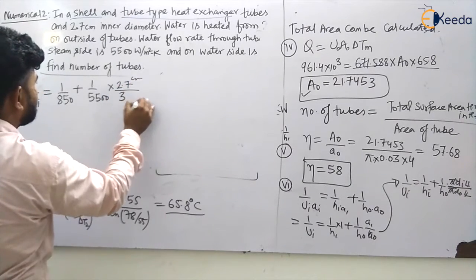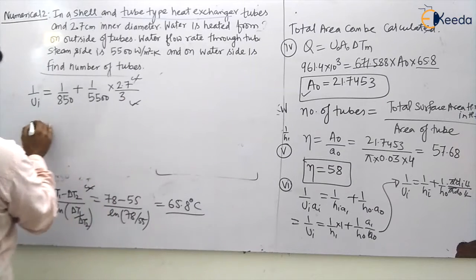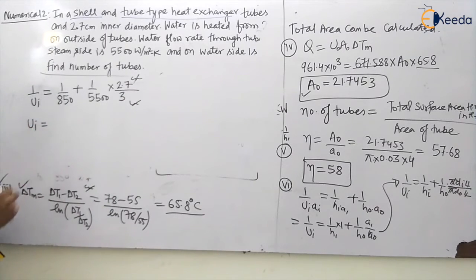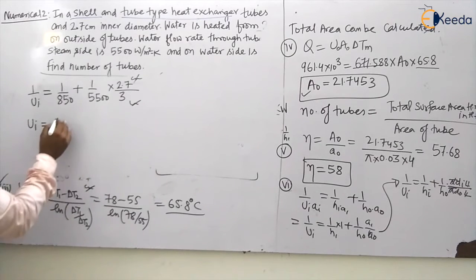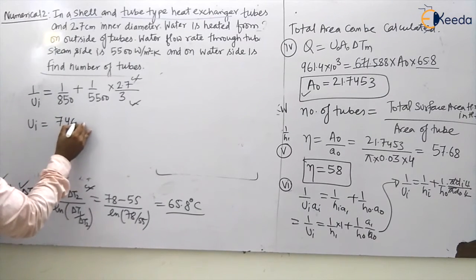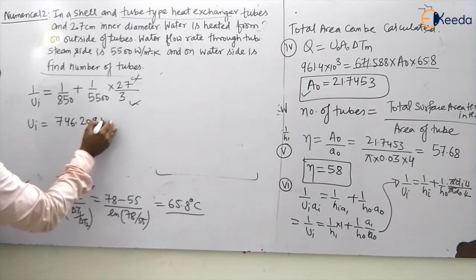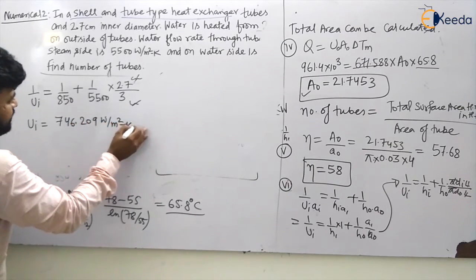So centimeter will go. So there is no problem. So let us calculate Ui first. So 2.7 divided by 3 divided by 5500 plus 1 divided by 850. We have got this, and 1 divided by this total value. So Ui will be your 746.209 watt per meter square Kelvin.